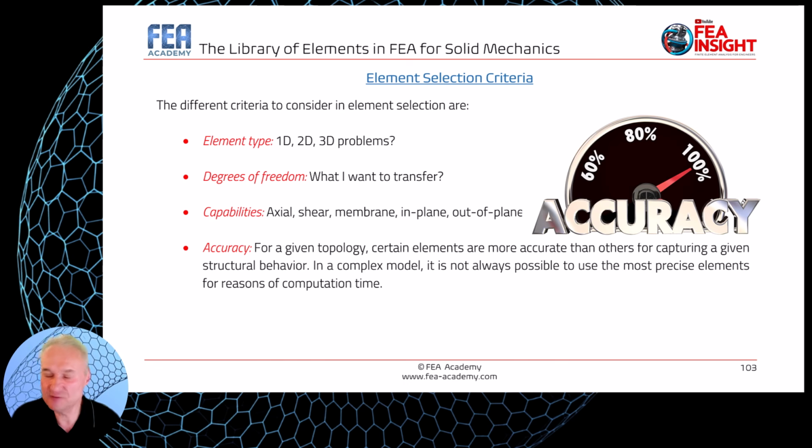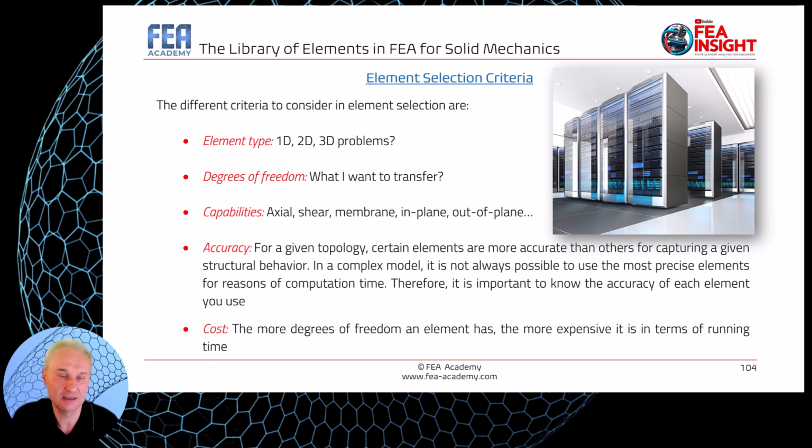So it is important to know the accuracy of each element you are going to use. Keep in mind that the performance of elements in FEA software is constantly being improved across the different release versions. So you may observe changes in numerical results for a given model in subsequent solver versions. It's very important to keep that in mind.